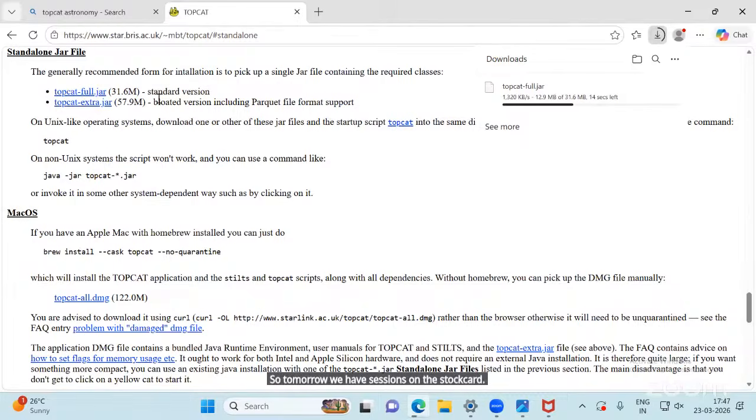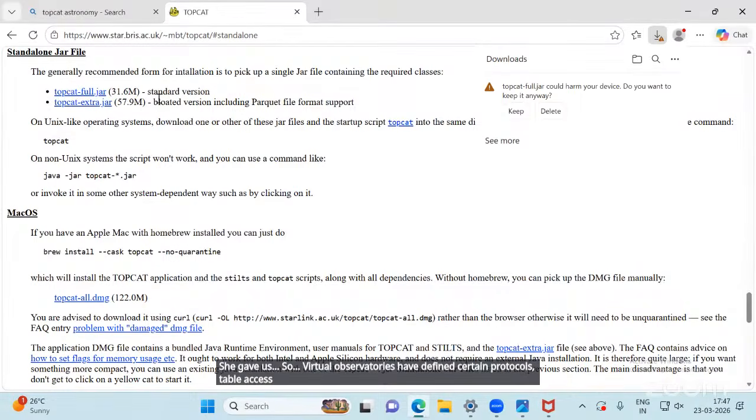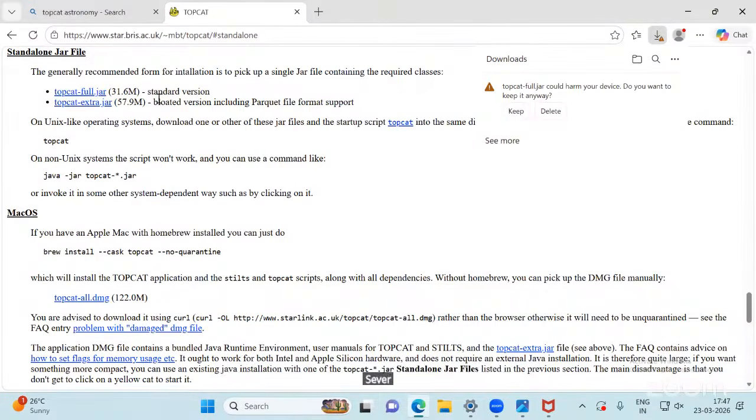TopCat allows you to see tables. So virtual observatories have defined certain protocols, table access protocol, which is TAP protocol, right? Simple image access protocol, SIAP, right?